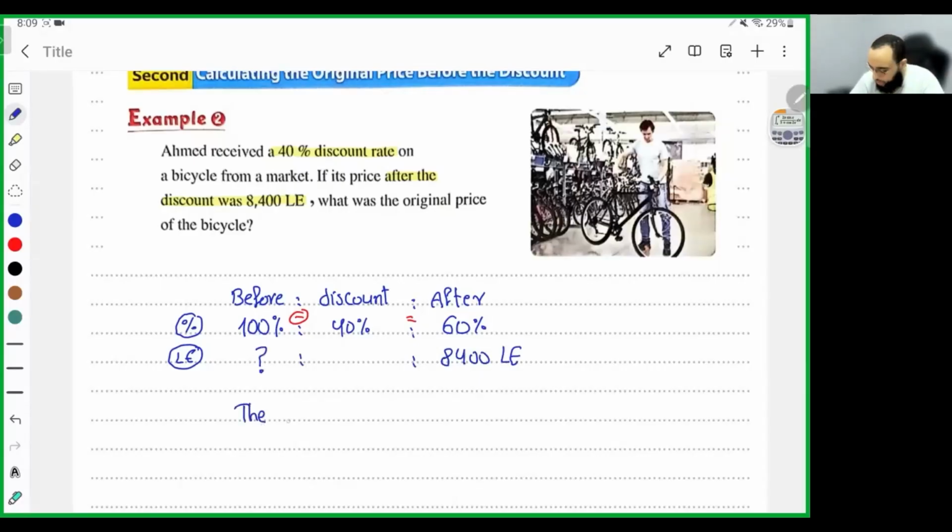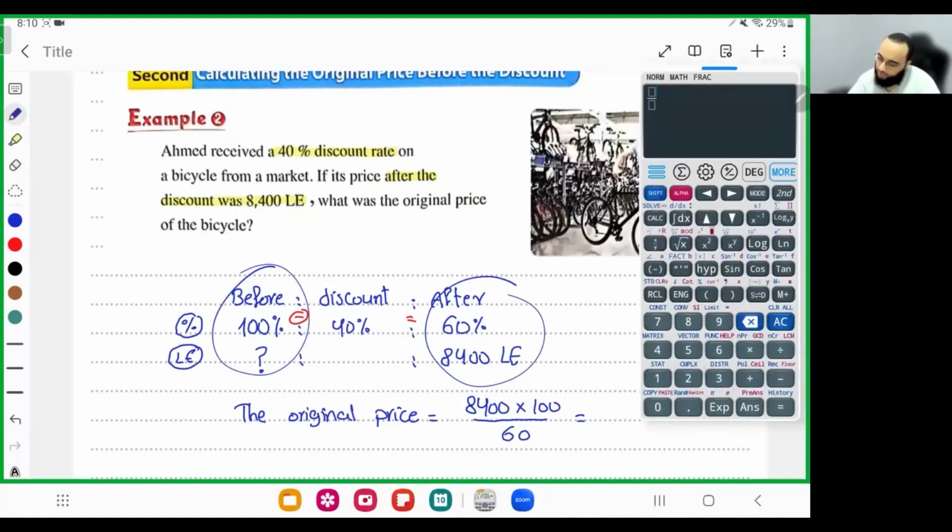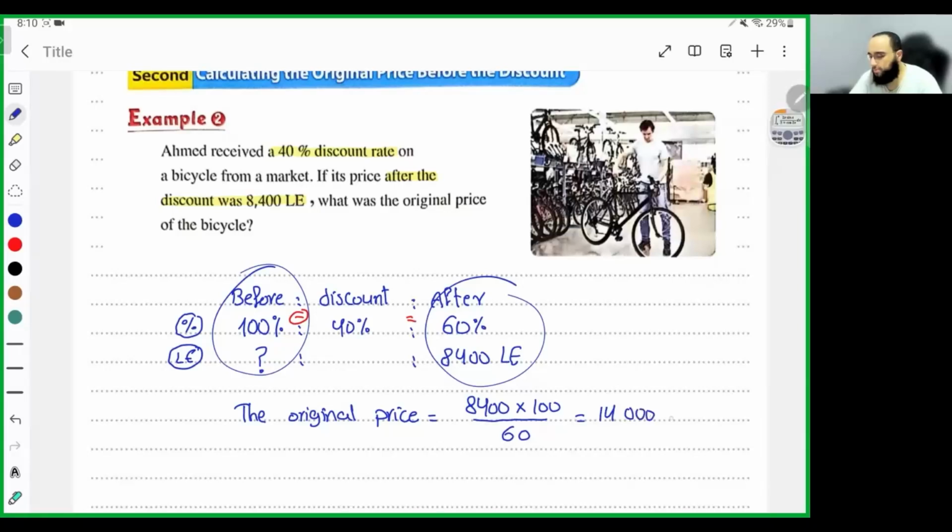So the original price equals cross multiplication: 8,400 times 100 over 60. Let's use the calculator. It's 14,000. So the price before the discount was 14,000.